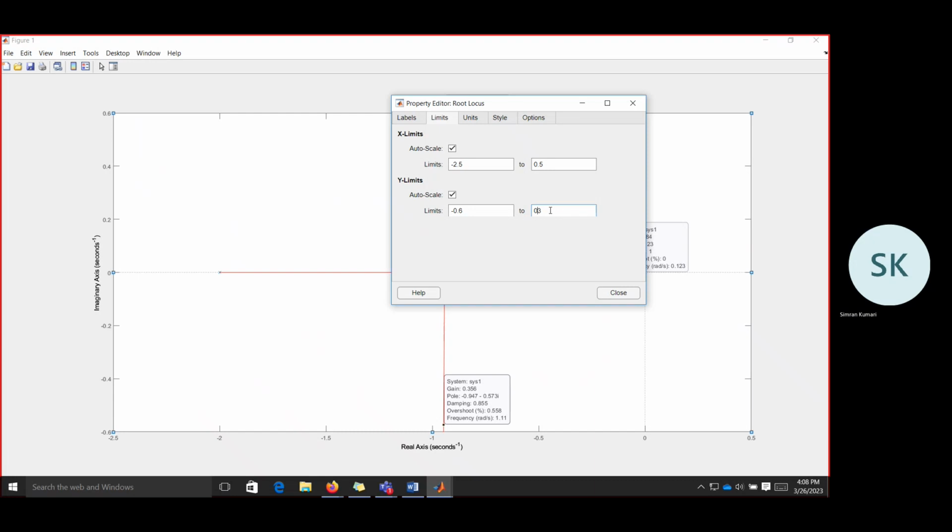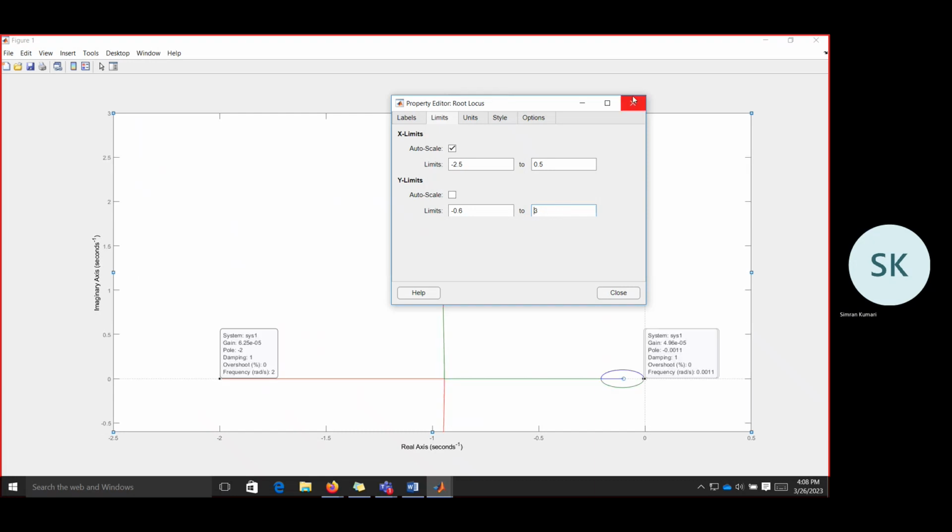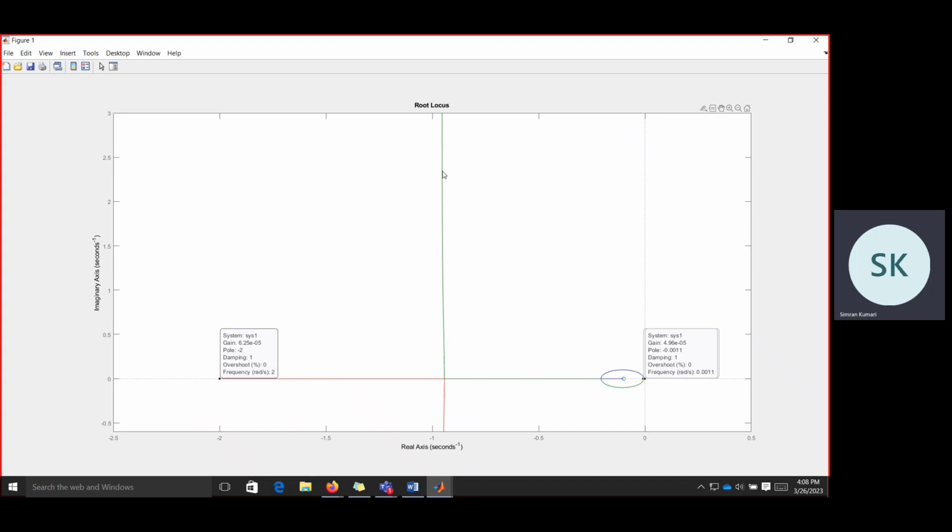See again. At gain k equal to 1, what we are supposed to find is that this should be equal to 0.953 plus 1.17 j. Okay, so this is approximately equal to -1 plus √3 j, which is 1.73 j. Now there is this change because we have added this pole.